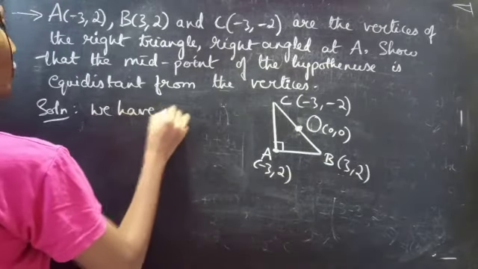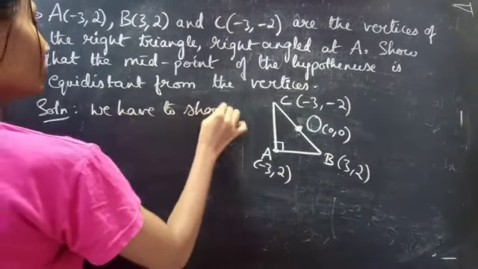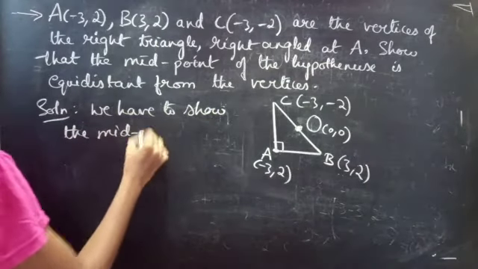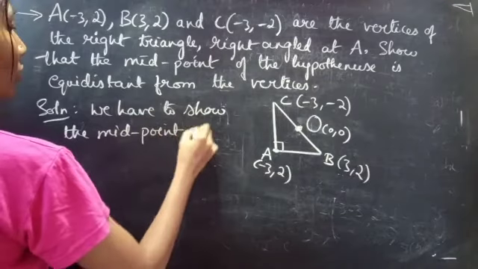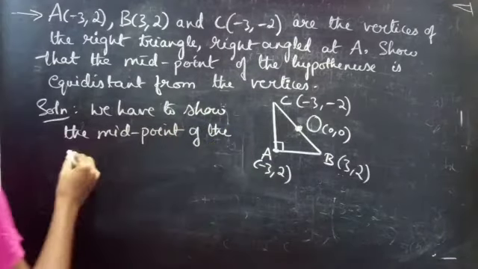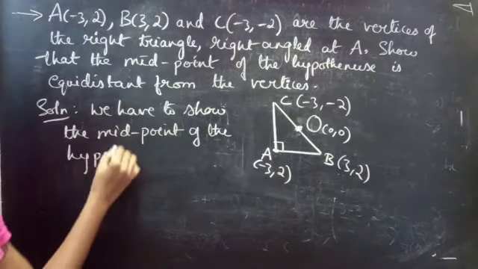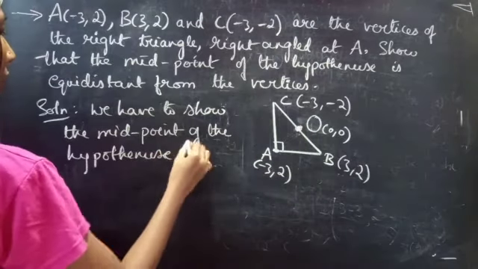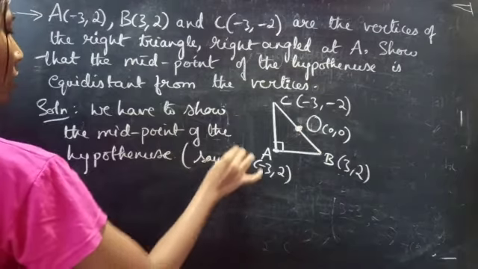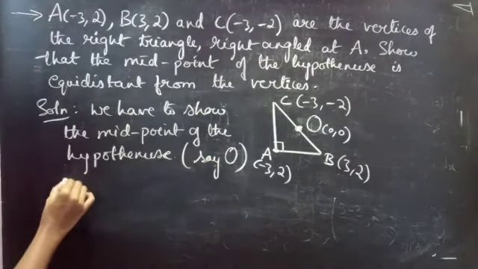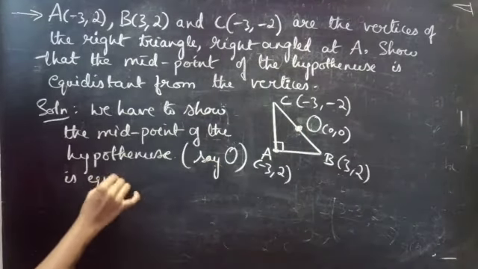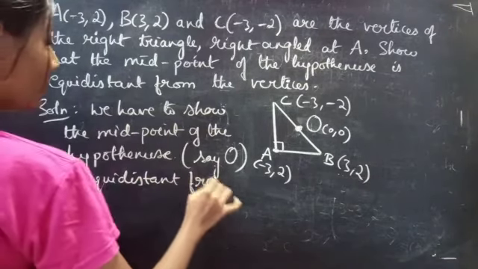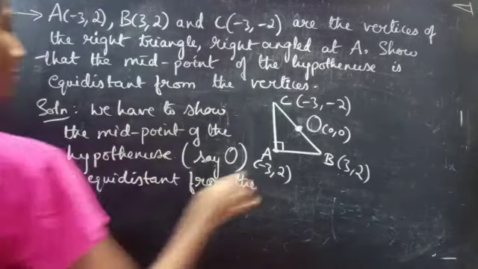We have to show that the midpoint of the hypotenuse, which we have given the name O, is equidistant from the vertices.